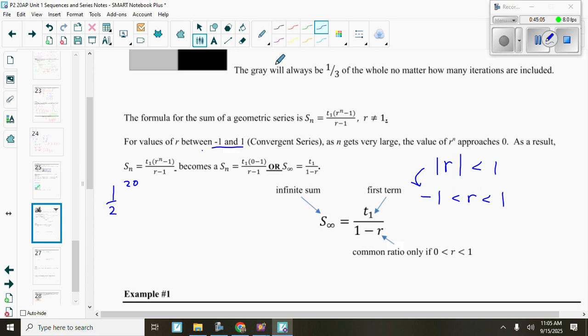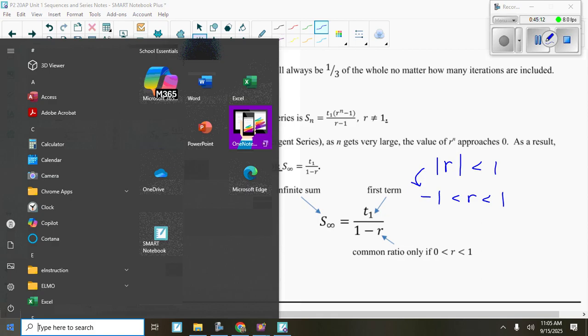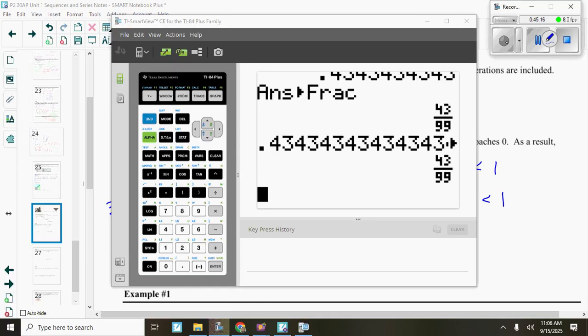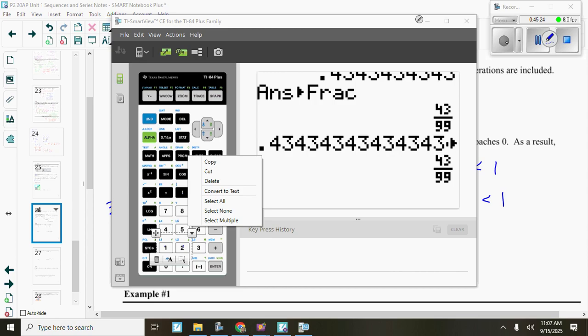If your calculator's like mine, let me pull up mine. Oh, I don't have it open yet. My calculator is not there. Give me a sec.